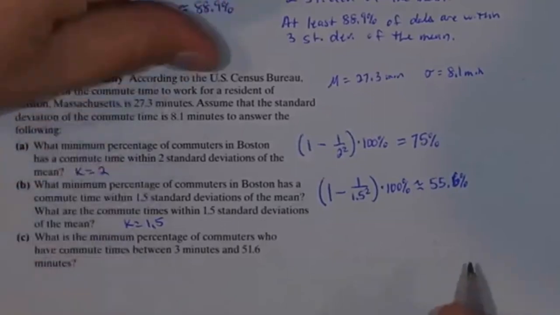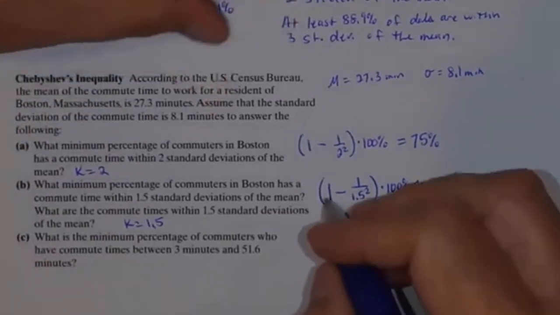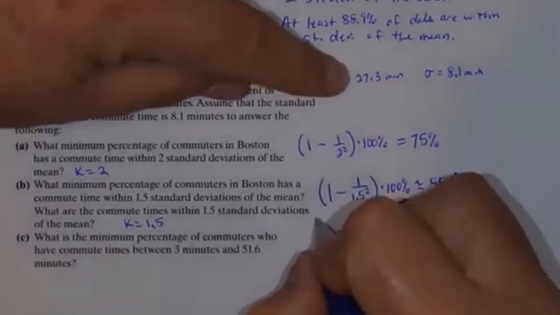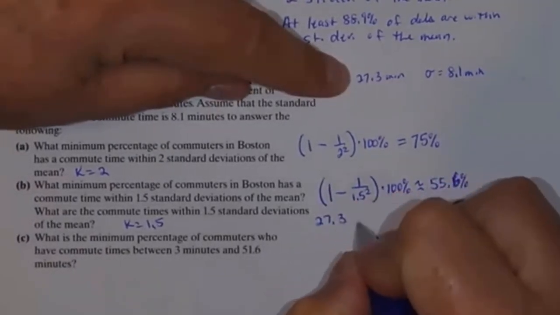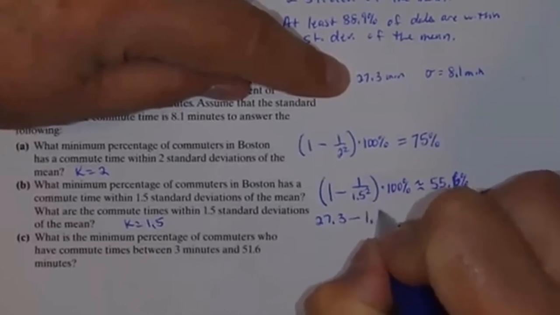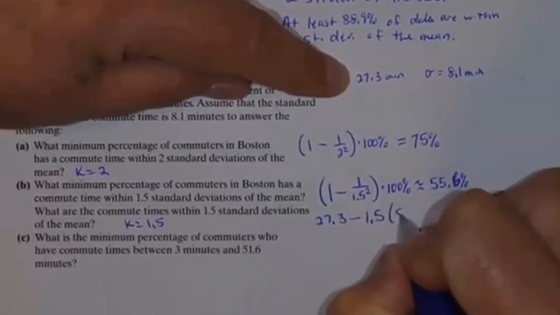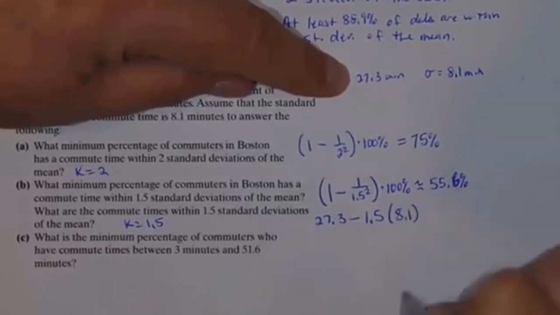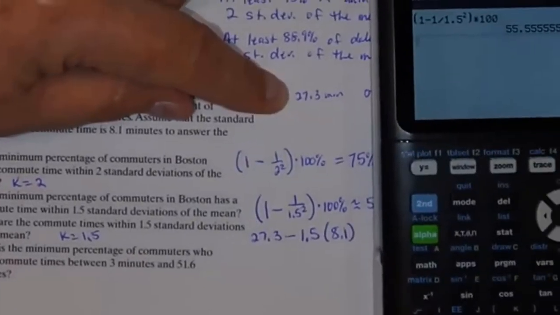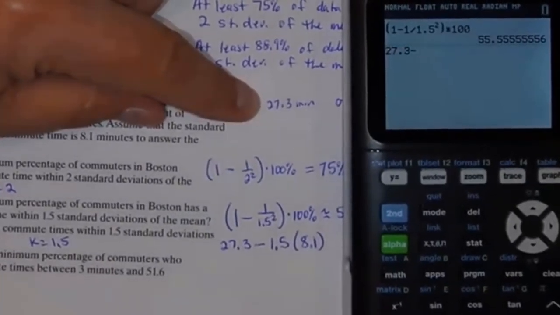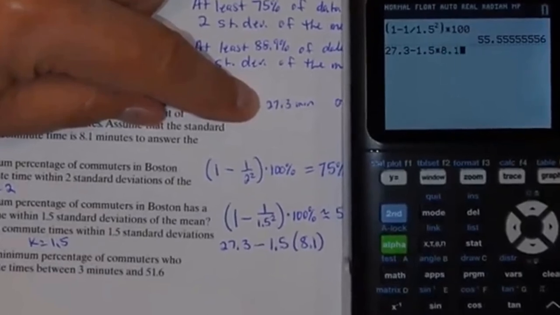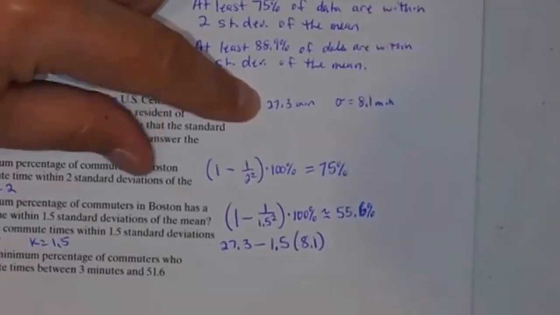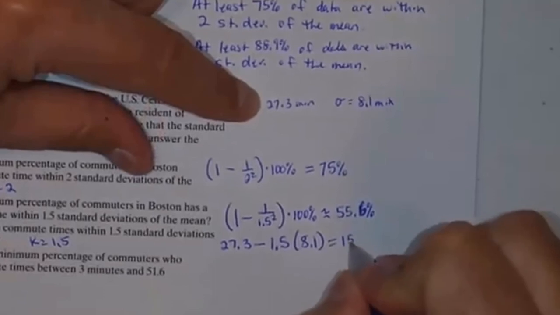Now, what would those commute times actually be? Well, if I take the mean, 27.3, minus 1.5 times the standard deviation, 8.1, that would be 15.15 minutes.